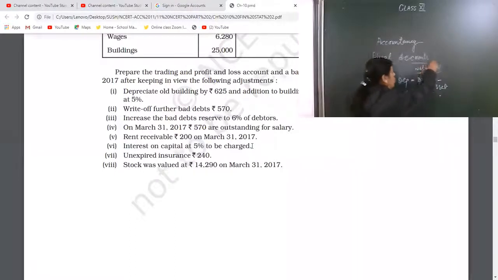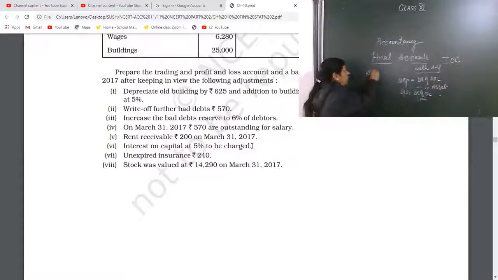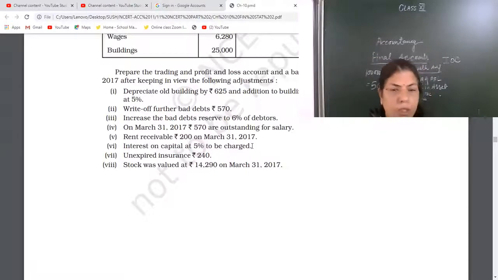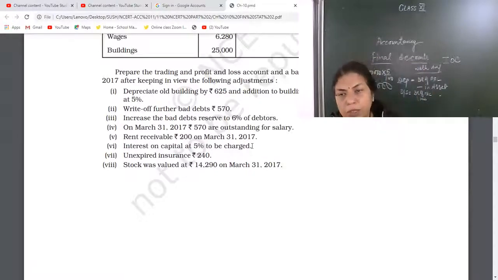Now IOC: 1 lakh into 5 upon 100, that is 5,000 rupees. This 5,000 rupees will affect two sides. One is debit of P&L, another is addition in capital. Very good. Plus in capital, because interest on capital will increase the amount of capital.